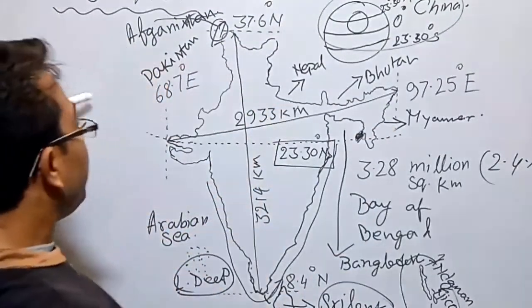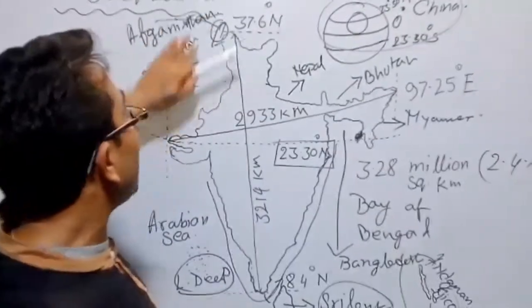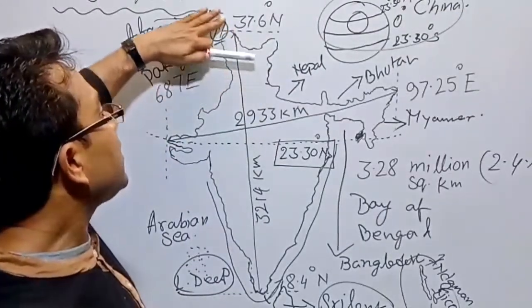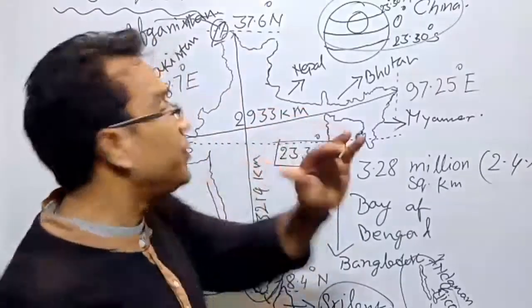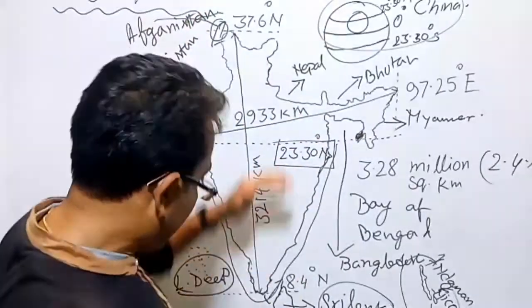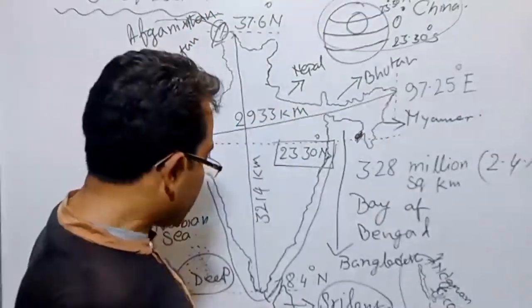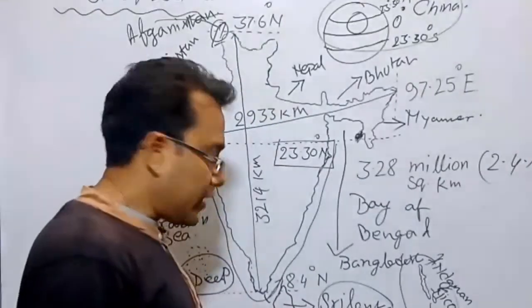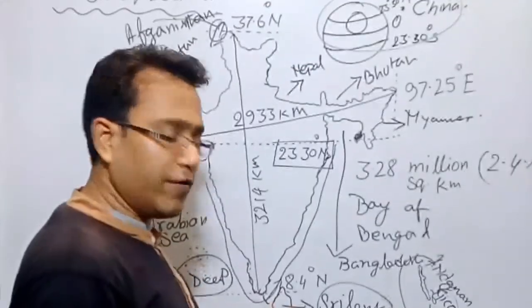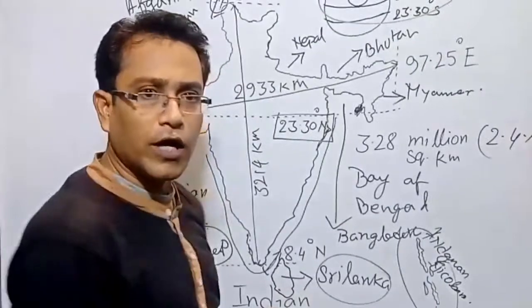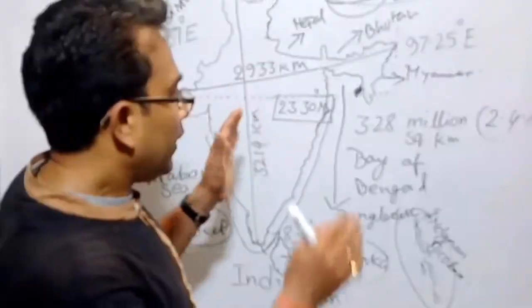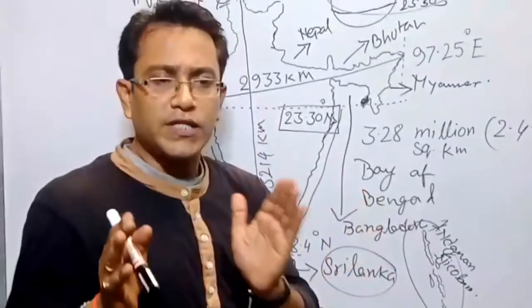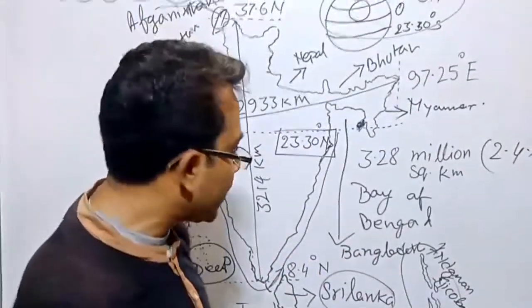And in the western part we get Pakistan, and in the extreme north we get a little border shared with Afghanistan. And on the southern part is an island country which is also our neighboring country, that is Sri Lanka. So this is, as a whole, a glimpse of the size and location of our country.